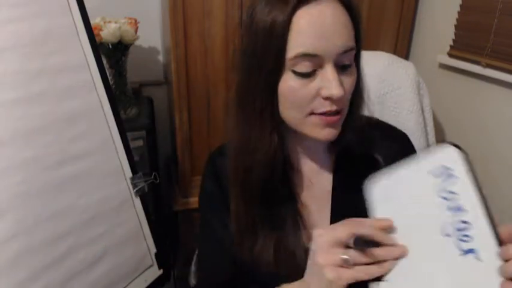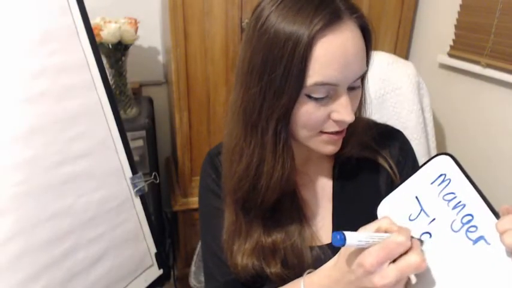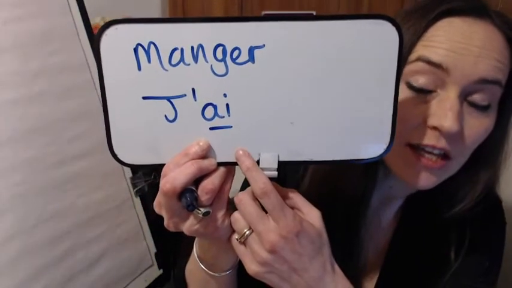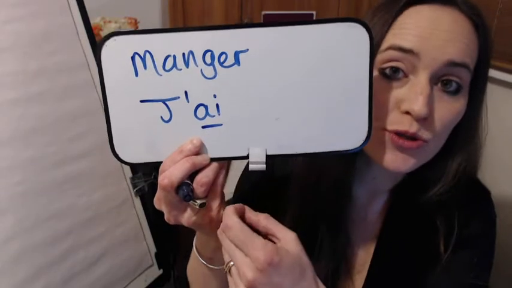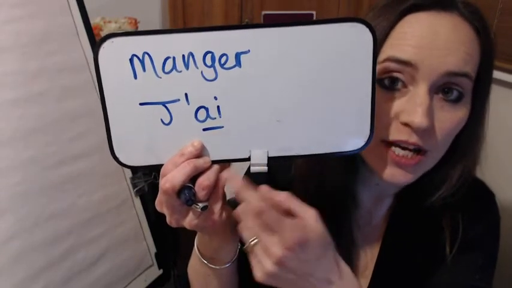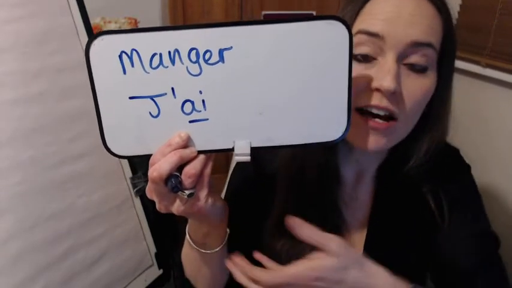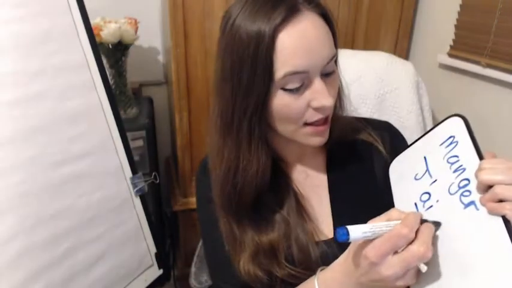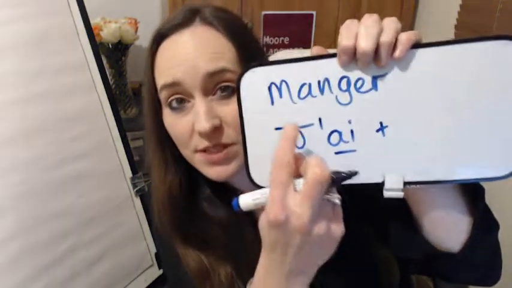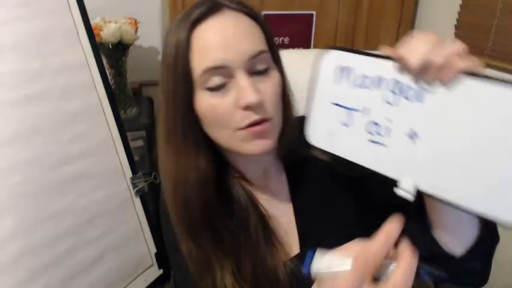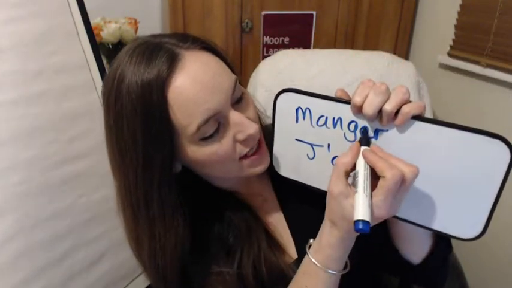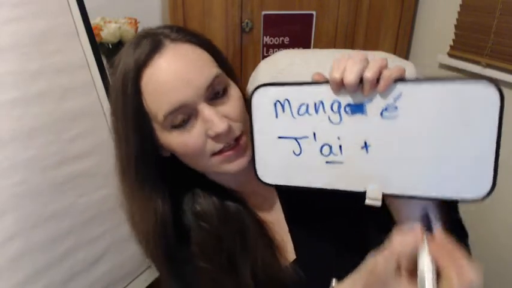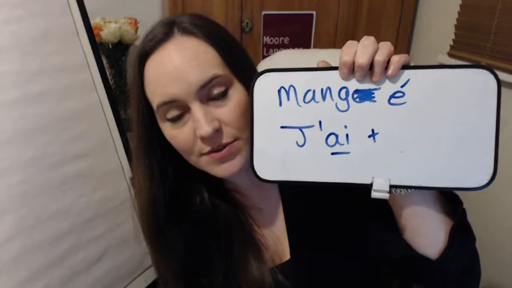That comes after the subject pronoun je, so that becomes j'ai, I have. That's the auxiliary part. And then you add the past participle of the main verb. So manger, you take off the ER ending and you add an E accent aigu, comme ça.